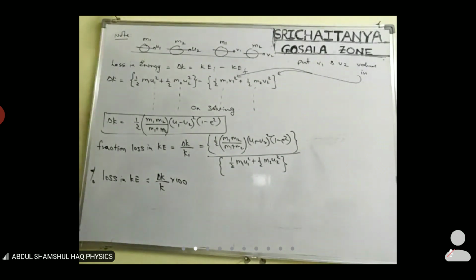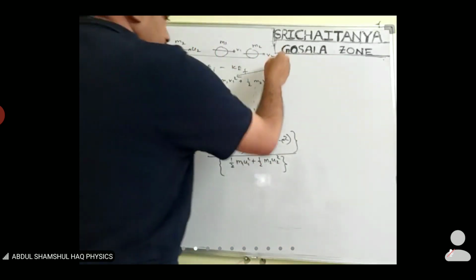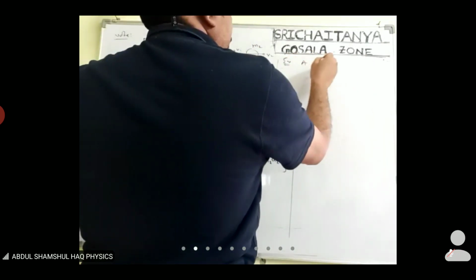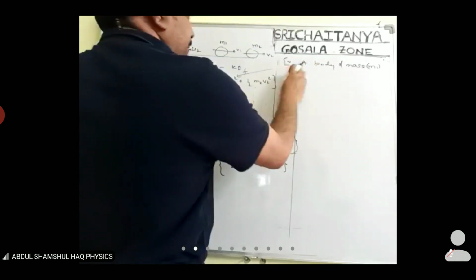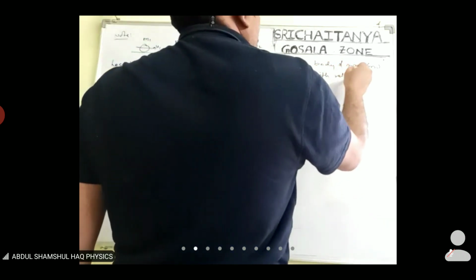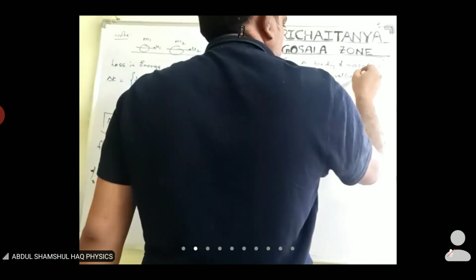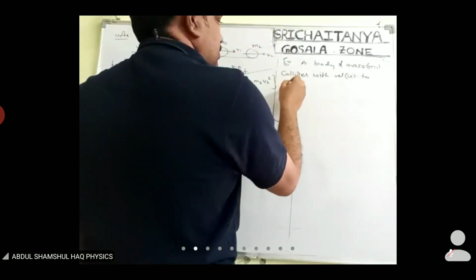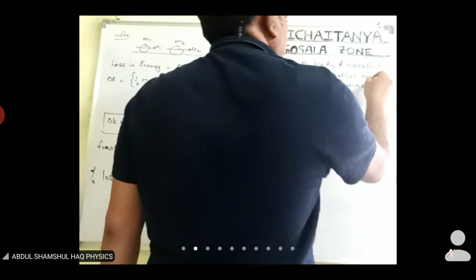Now let us do a simple question here. A body of mass m1 collides with velocity u with another body of mass m2 at rest.